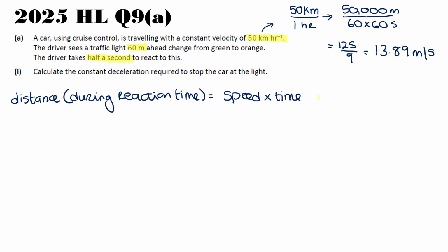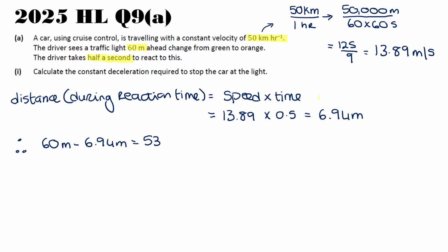That is 13.89 by 0.5, which works out as 6.94 meters. That's how far the car has traveled. Therefore, there is 60 meters minus 6.94 meters, which is 53.06 meters left to travel.